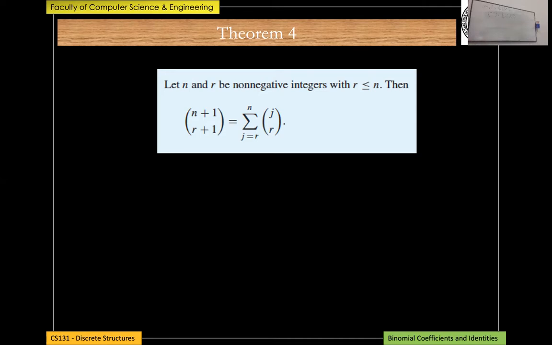let n and r be non-negative integers with r less than or equal to n, then (n plus 1 choose r plus 1) is equal to the summation from j equals r to n of (j choose r).